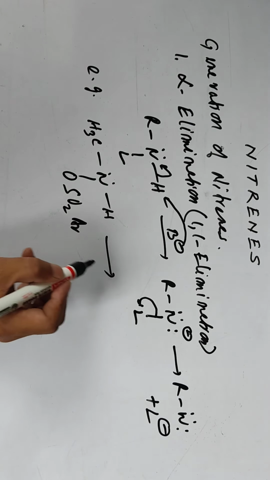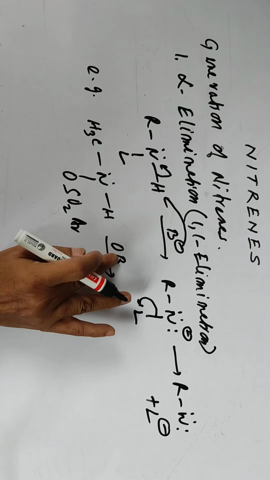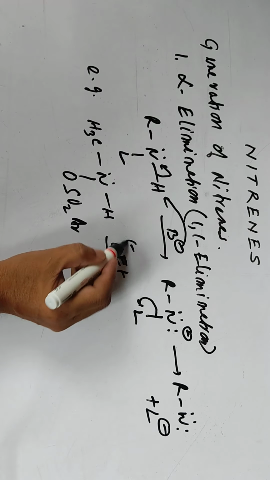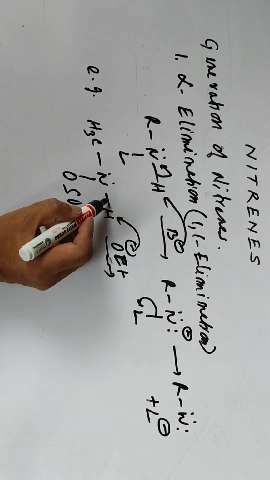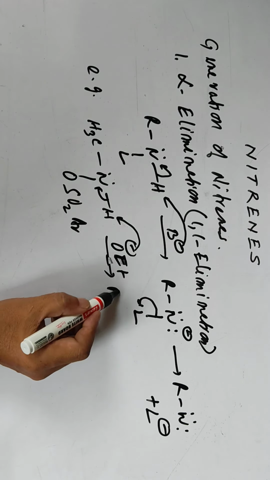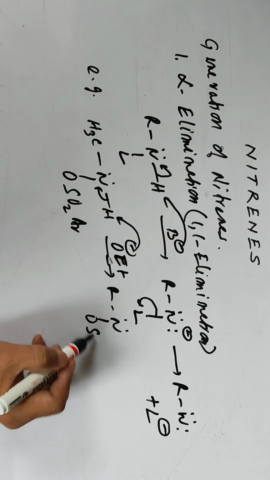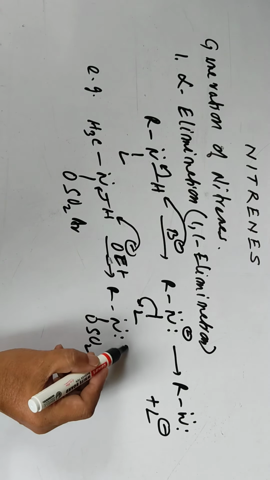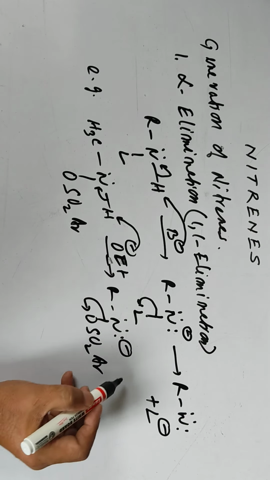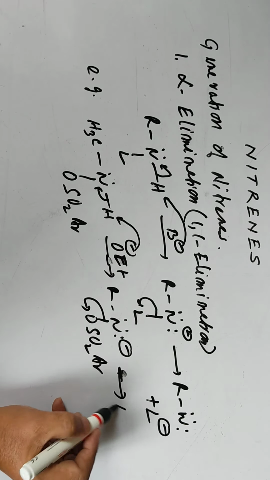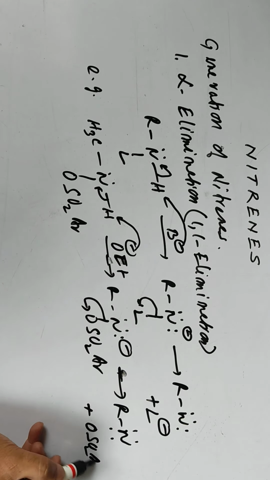Here also, reacting with a base like sodium ethoxide, the first step is to pick up the proton, giving ethanol. Then the negative charge is on the nitrogen, and the OSO2 group leaves, taking the negative charge.